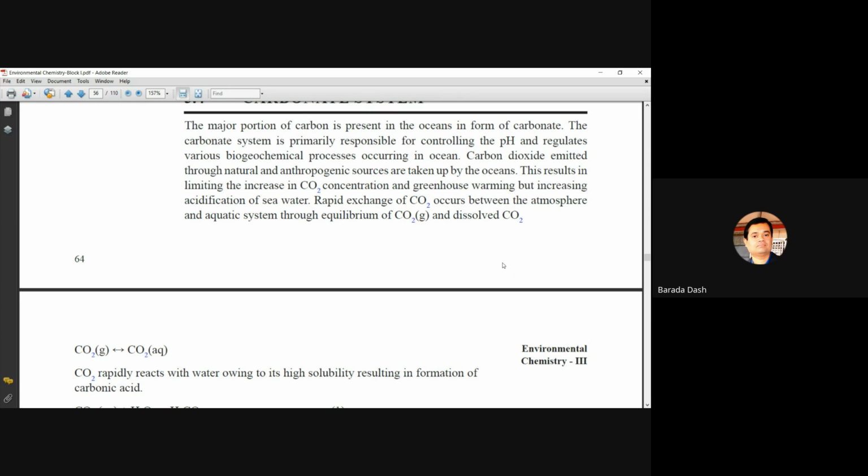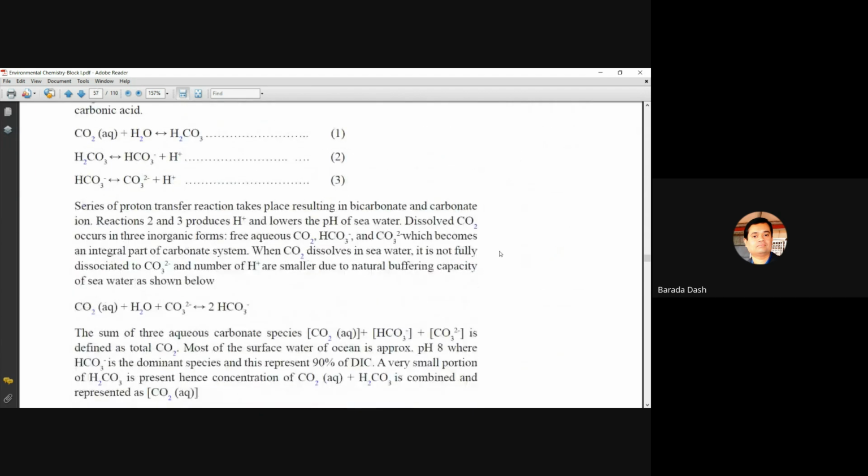Anthropogenic activities are producing carbon dioxide at an alarming rate, which cannot be compensated by this carbonate formation. That means we are producing carbon dioxide at a much higher rate than our planet can sustain, so the carbon dioxide level will increase due to anthropogenic activities and lead to global warming. Okay, so you go through them.